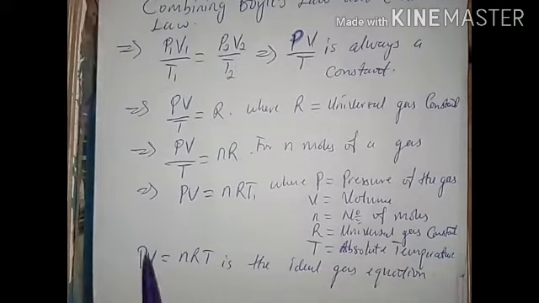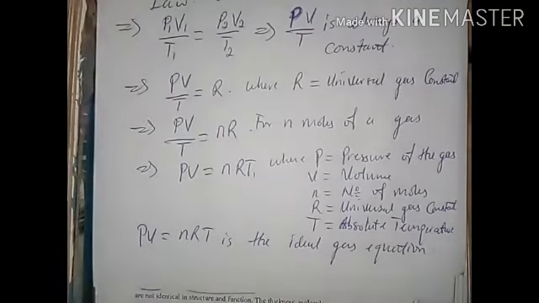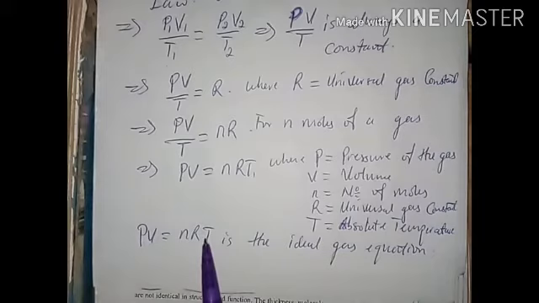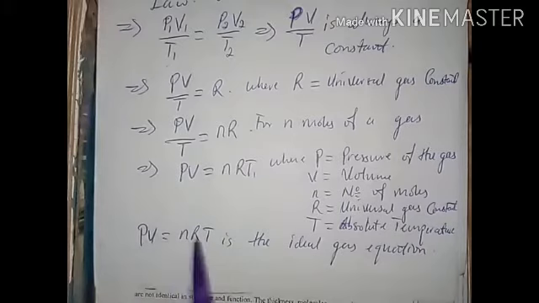When you look at this equation, you see that all the three laws stated above exist in the equation. For example, for Lucas' law, the pressure is directly proportional to the temperature. For Charles' law, the volume is directly proportional to the temperature. And for Boyle's law, the pressure is inversely proportional to the volume.